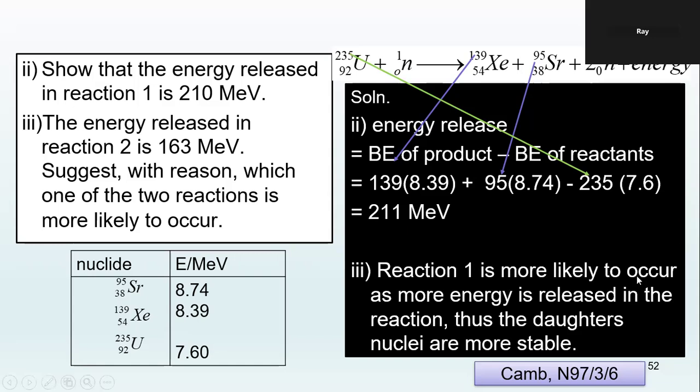More binding energy, okay. The attractive force is stronger. Reaction one is more likely to occur as more energy is released in the reaction. Thus, the daughter nuclei are more stable. Uranium is unstable, a lot of energy wants to be released. So if it forms the daughter, then you release the energy.